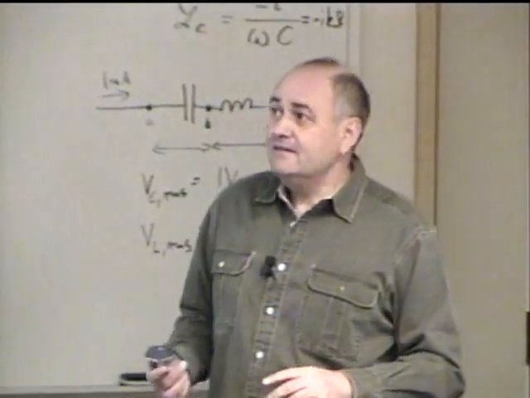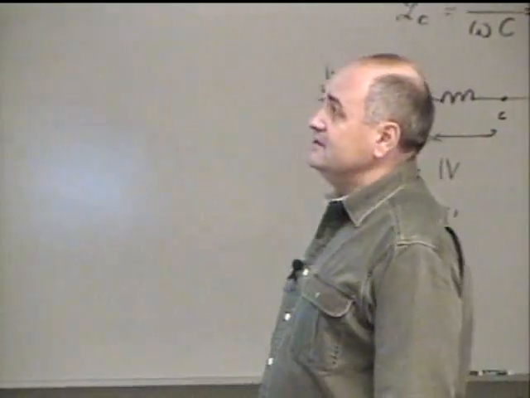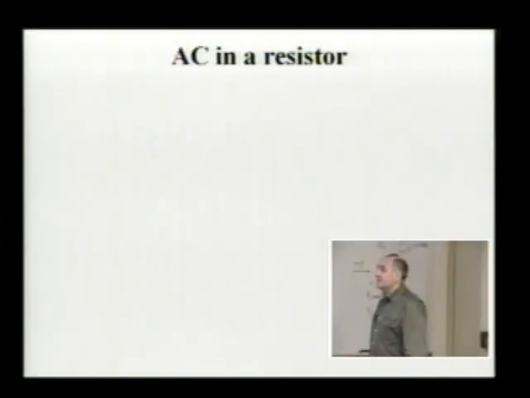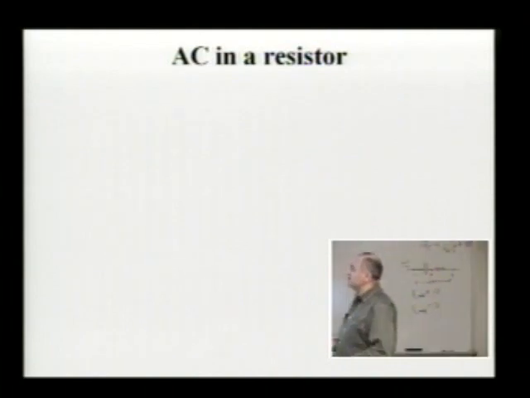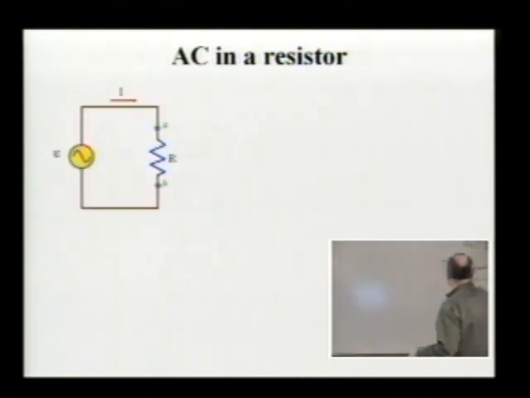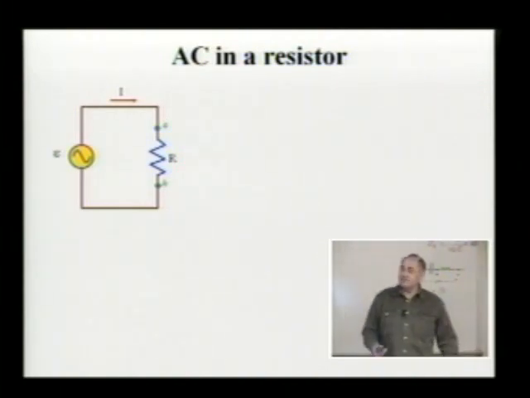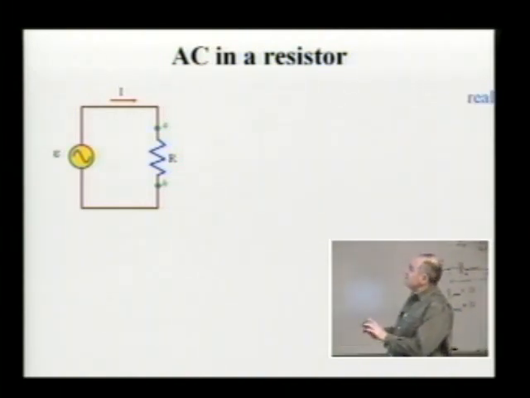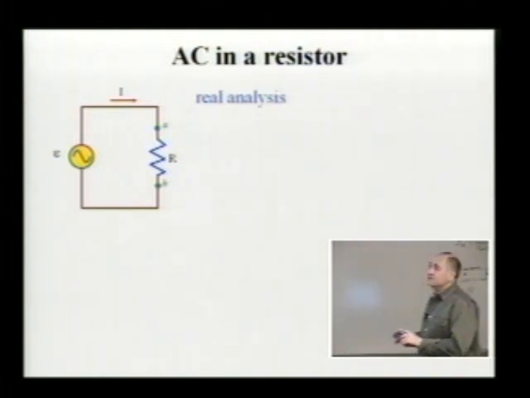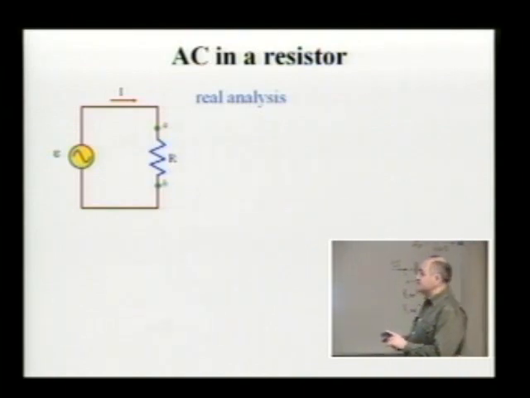All right. Now we have to figure out how all 3 elements behave. So let's start with a resistor. I will bring up these relationships now. So if we have a resistor, let's start with a real analysis, so we will think about real current and real voltage.